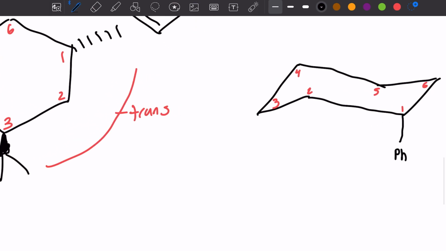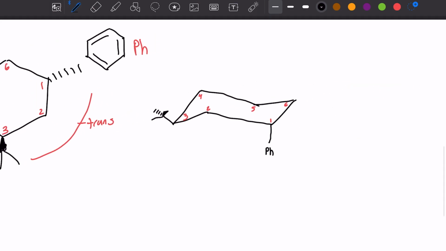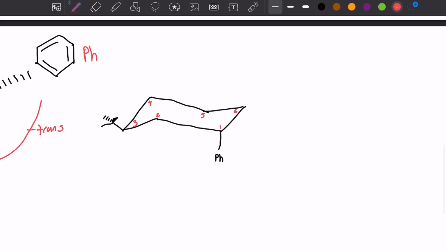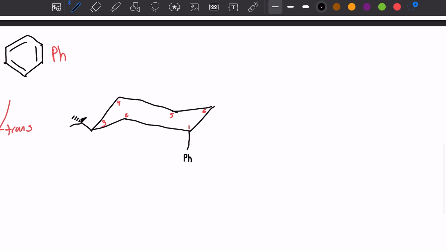So this would be equatorial up, as shown here. When you do your ring flip, you're going to get a structure that looks like this. And you're going to go clockwise. So this would now become carbon 1, 2, 3, 4, 5, and 6.